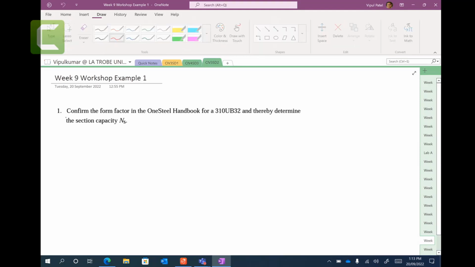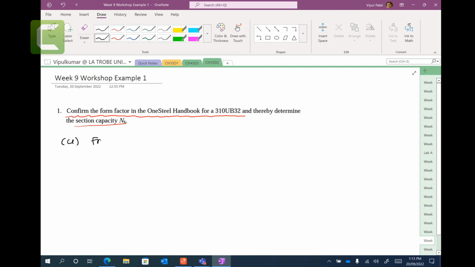It says to confirm the form factor with OneSteel handbook, 310 UB 32, and then determine the section capacity, Ns. So we have multiple questions. We need to find the form factor KF.